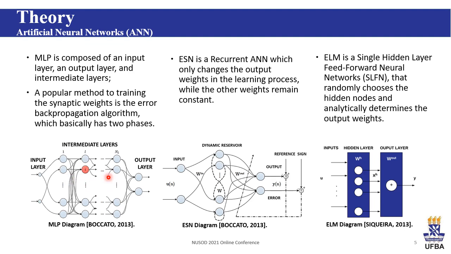The second one, the ESN, is a recurrent ANN which only changes the output weights in the learning process, while the other weights remain constant.